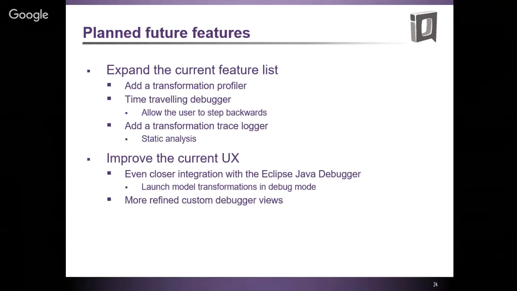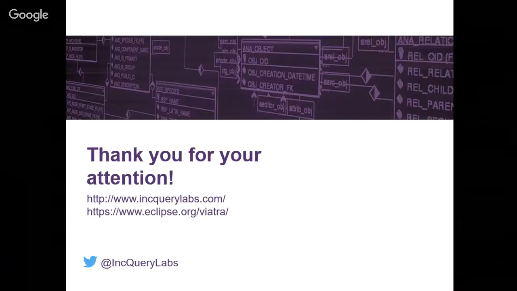Only in this case, we want to launch a model transformation instance with a debugger attached to it. And we'd also like to refine the current custom debugger views, such as the model instance browser or the model transformation browser, and enable them to have more refined features as well.